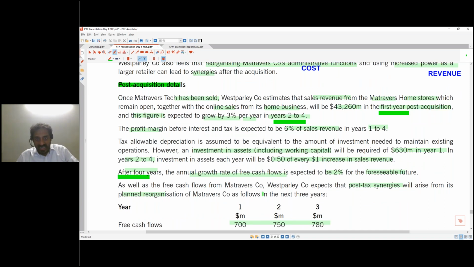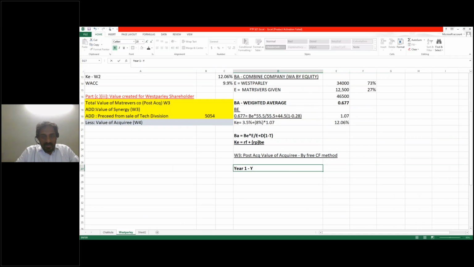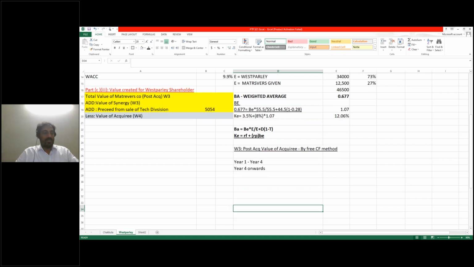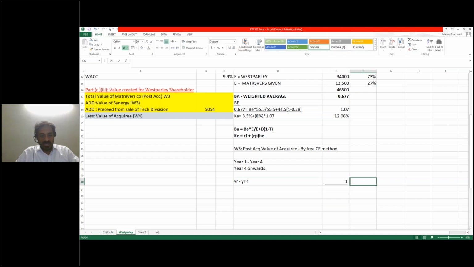So that's why we are working year 1 to year 4 and then year 4 onwards. So whatever we are working in this manner, first of all, year 1 to year 4: 1, 2, 3, 4.